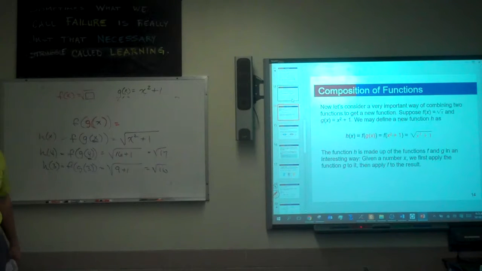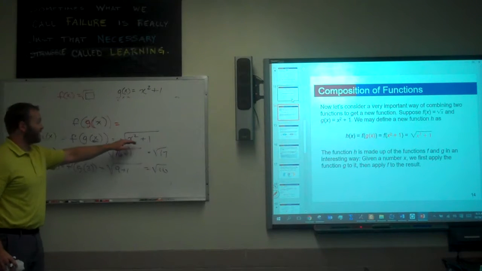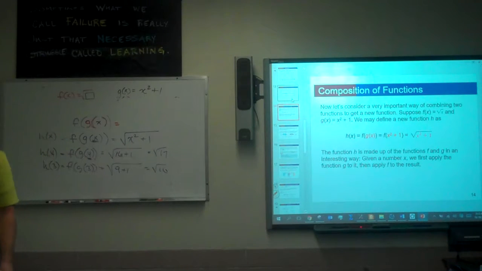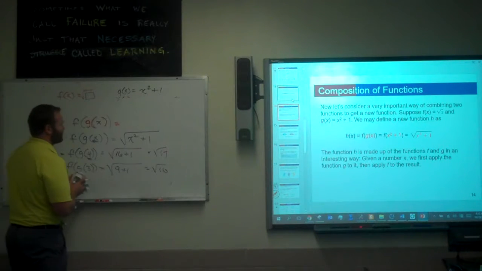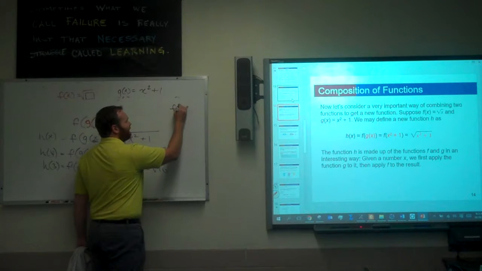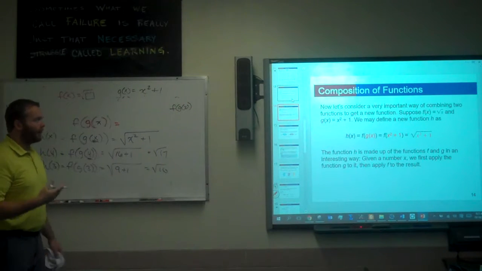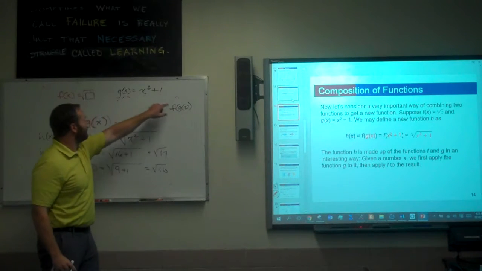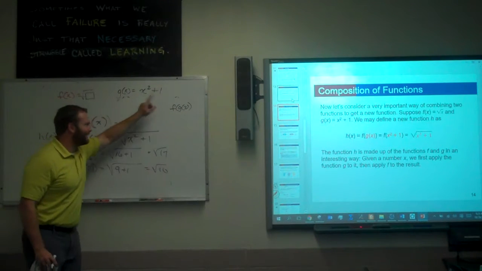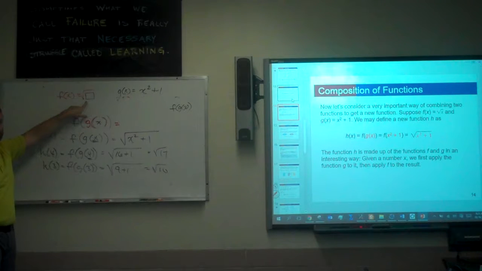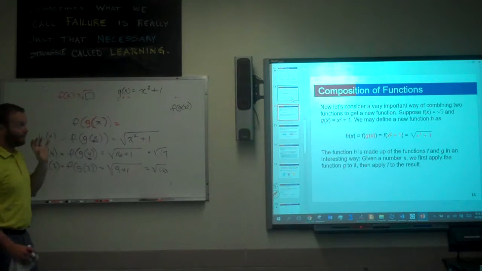But creating that rule analytically with the algebra here, this square root of x squared plus 1, allows us to evaluate this thing at many, many points, infinite points, which is nice. Because if on a test or a quiz I say, find f of g of 3, and that's the only thing I asked you to do, my hope is that you take the 3, plug it in this function, get a 10 back, take that 10, plug it in that function, get your answer, right? That's very simple, very quick to do.